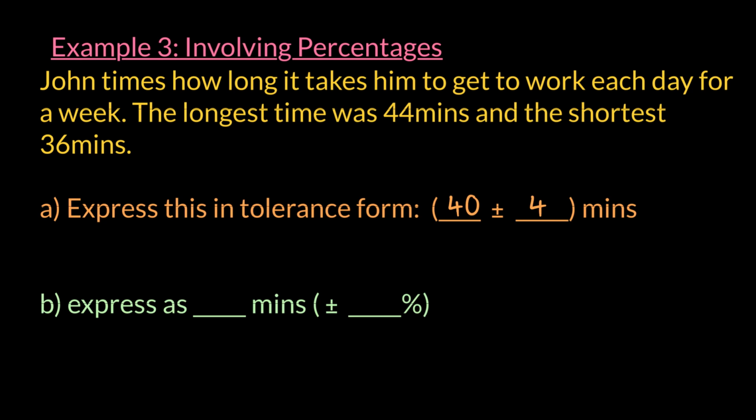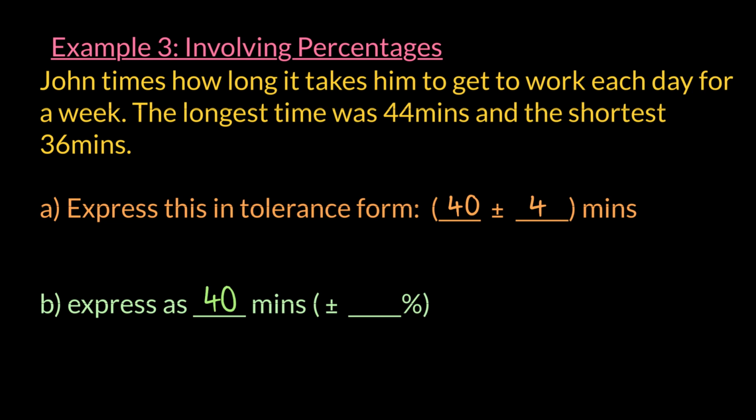Now, the bit that's new for this question is that it says express it as a number of minutes plus or minus a percentage. So the number of minutes doesn't change. We're still expressing it as 40 minutes plus or minus, but we need to say what is 4 minutes as a percentage of 40 minutes.